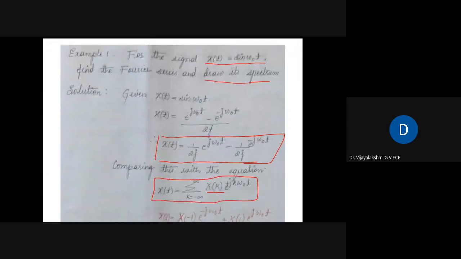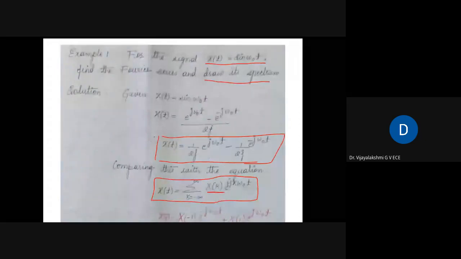In our signal we have only two components. So let us expand this equation and check which Fourier series coefficients these two components are related to.